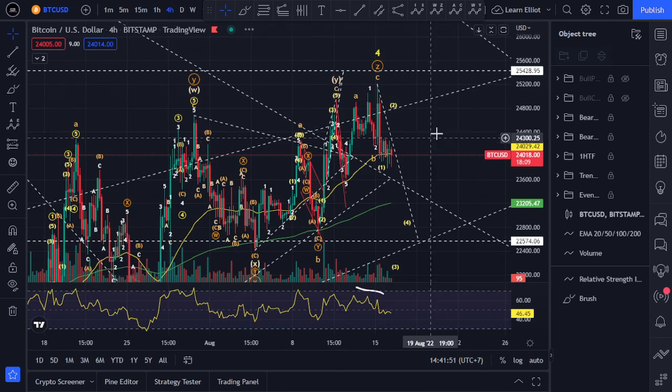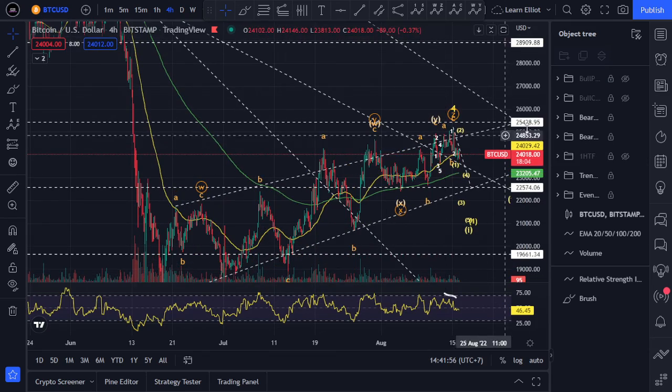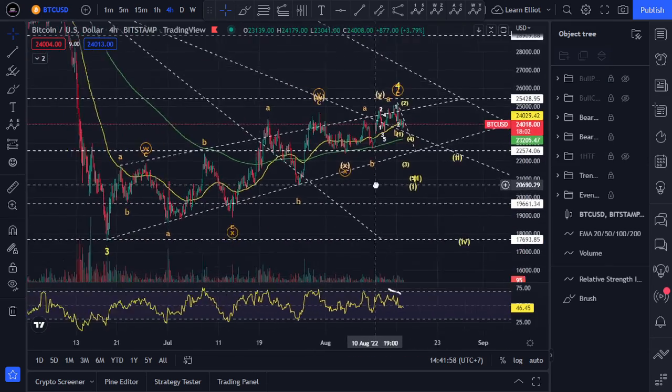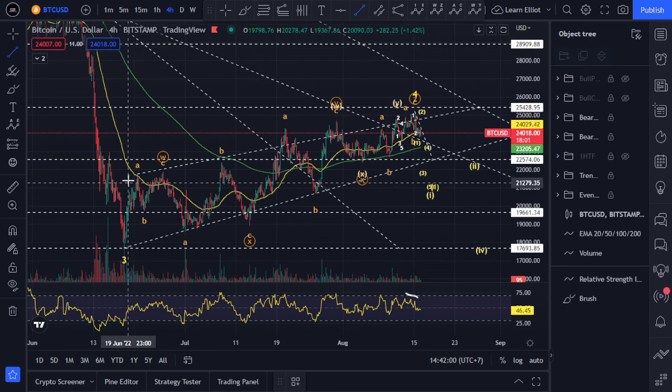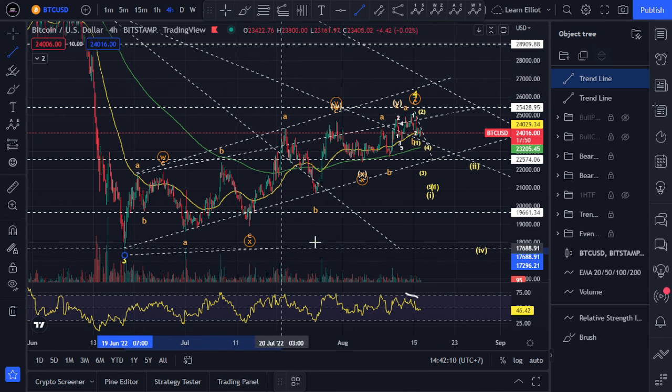Let's take a look at the 4-hour time frame. Hide this first. Yeah, we are in a leading diagonal also here. This is a leading diagonal. Okay, and another one right here.